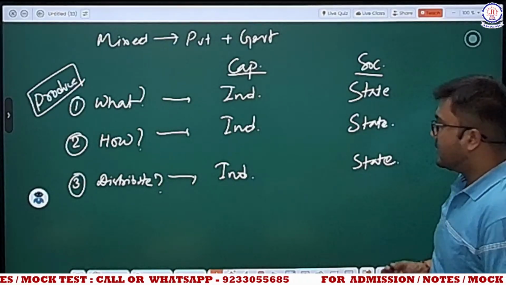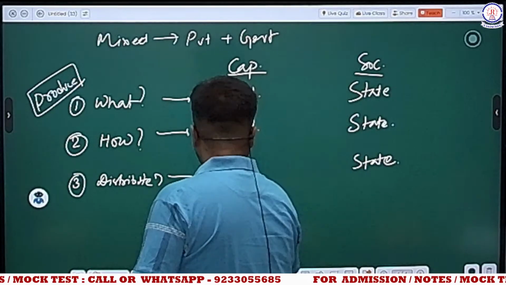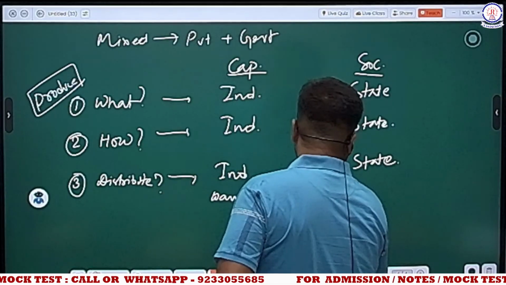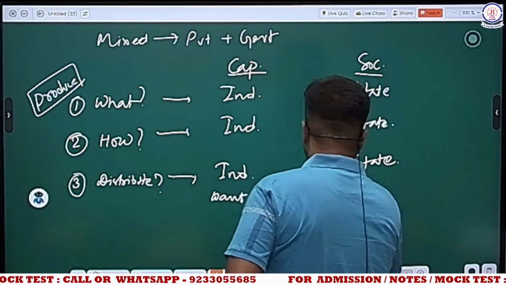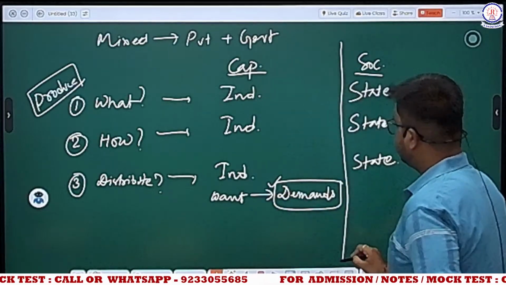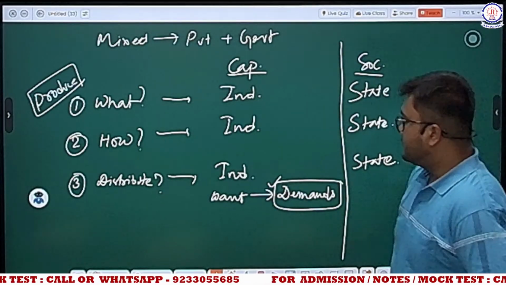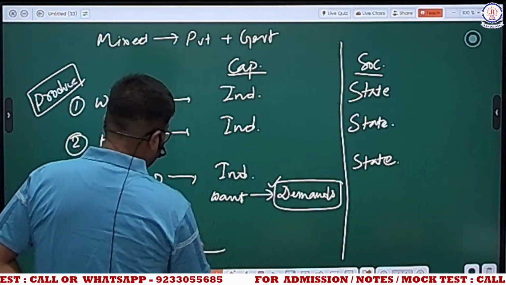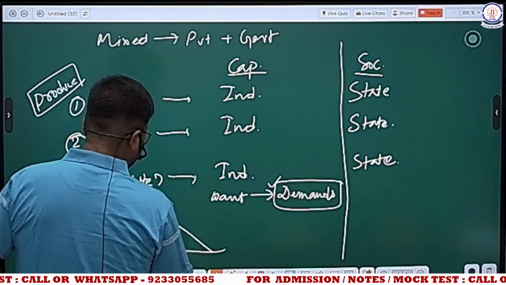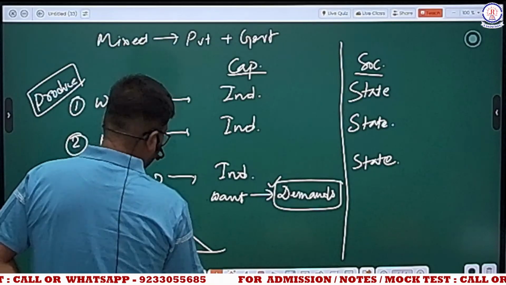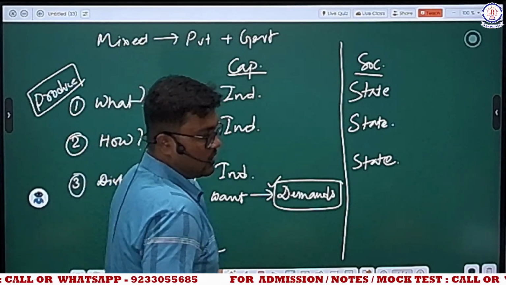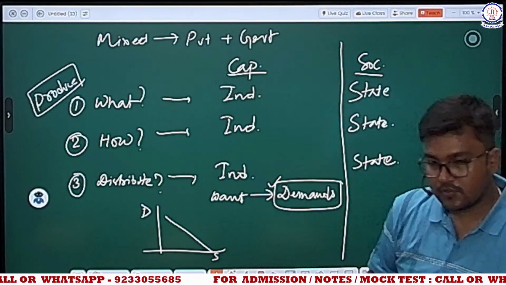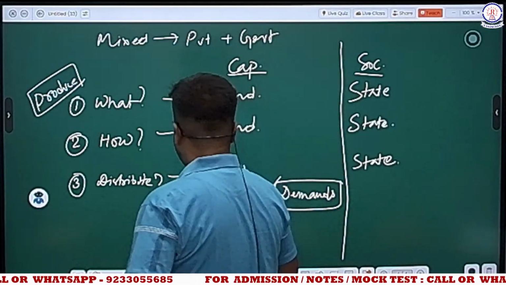So basically that is what we want, or what a person demands. So in a capitalistic economy, the market is always operated by invisible market forces, or a demand supply curve.